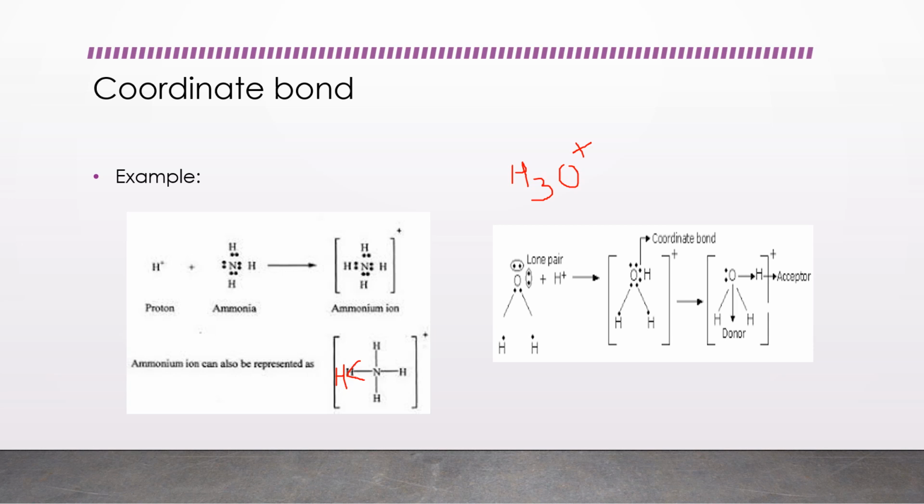One lone pair reacts with hydrogen to form a coordinate bond, and the other lone pair is still there. This one is the coordinate bond.